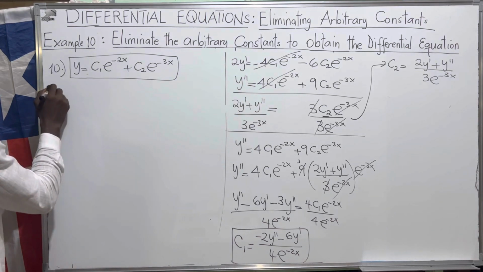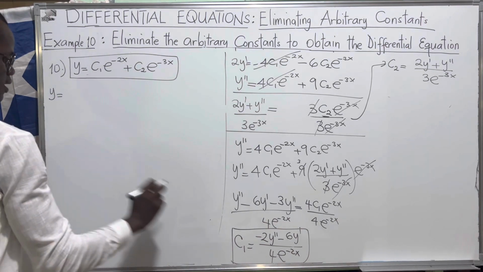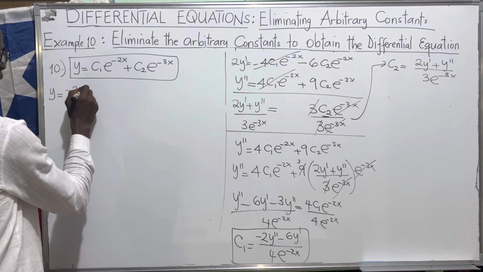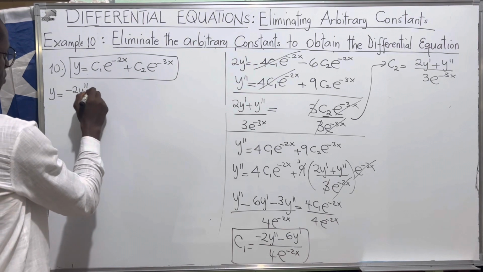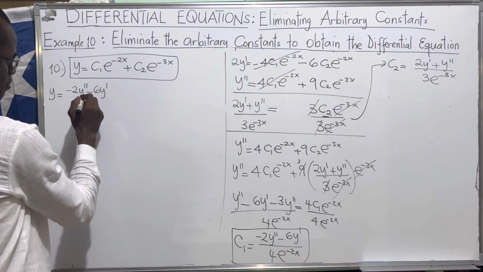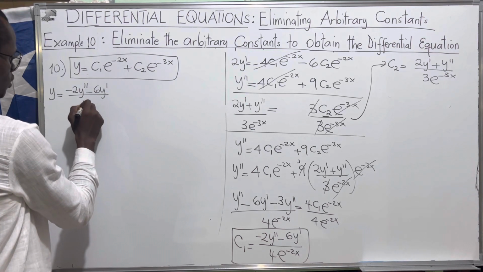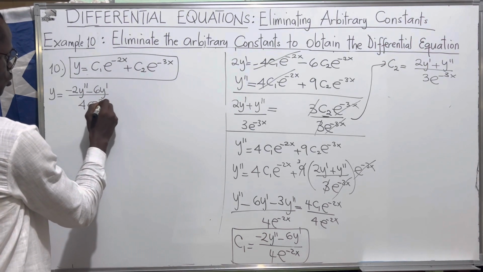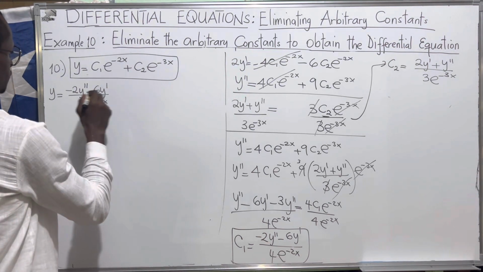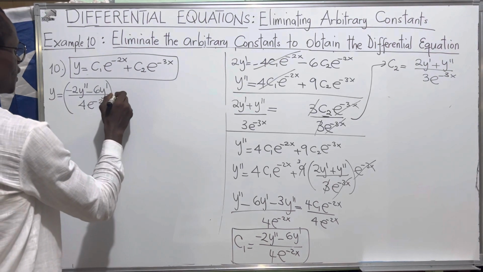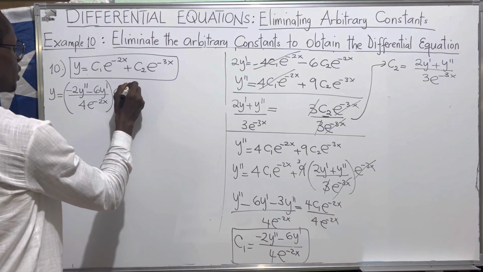So I got y equals C1. I know C1 is minus 2y prime prime minus 6y prime divided by 4 e raised to the power minus 2x, all multiplied by e raised to the power minus 2x.